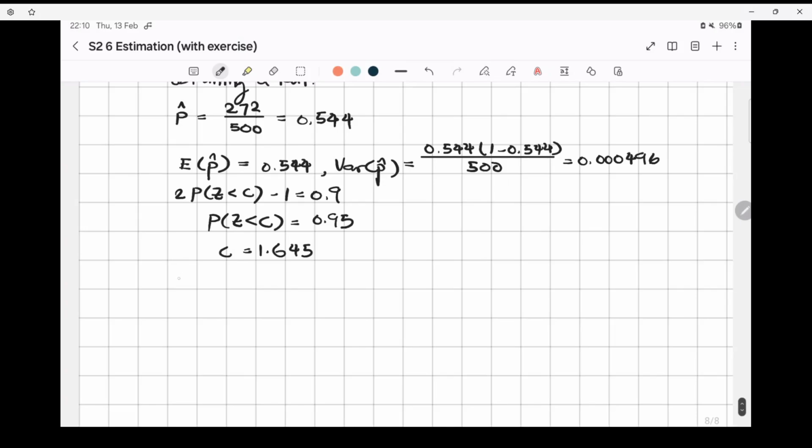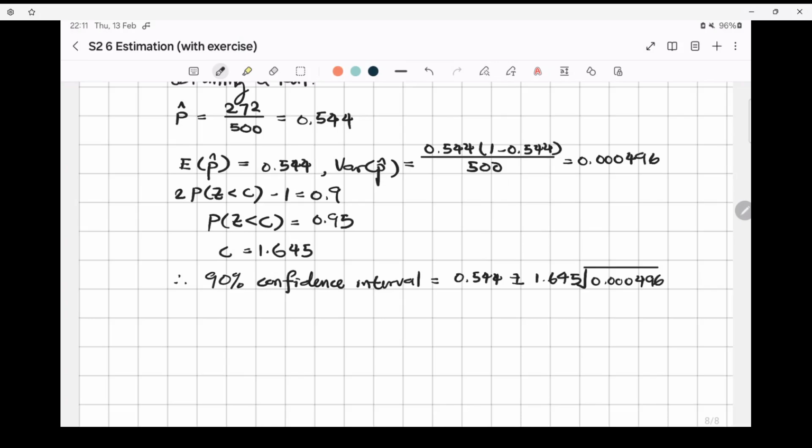Therefore, your 90% confidence interval is given by 0.544 plus or minus 1.645 times the square root of 0.000496.